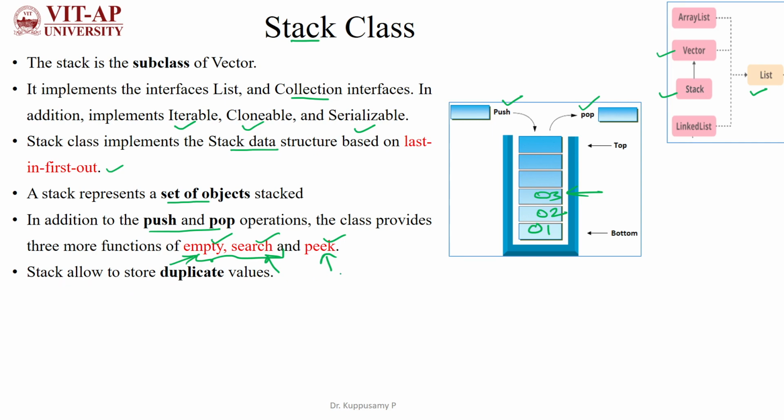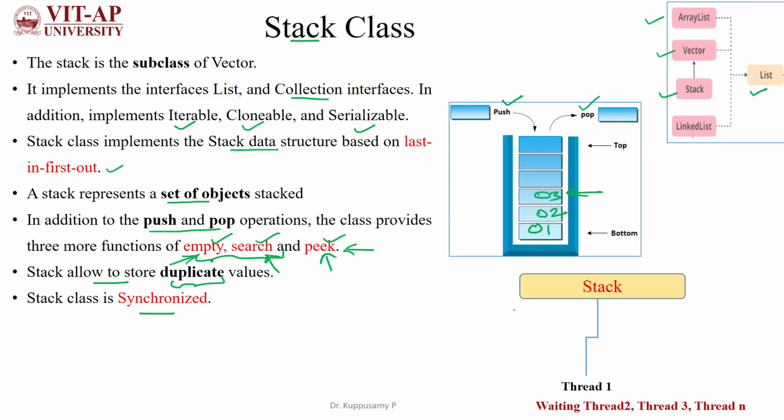These three methods are built-in methods in the Stack class, but the remaining classes like ArrayList, Vector, and LinkedList do not have these built-in methods. If you want to access these kinds of operations, then we have to write user-defined methods in those three classes. Stack allows storing duplicate objects, and the Stack class is synchronized by default.